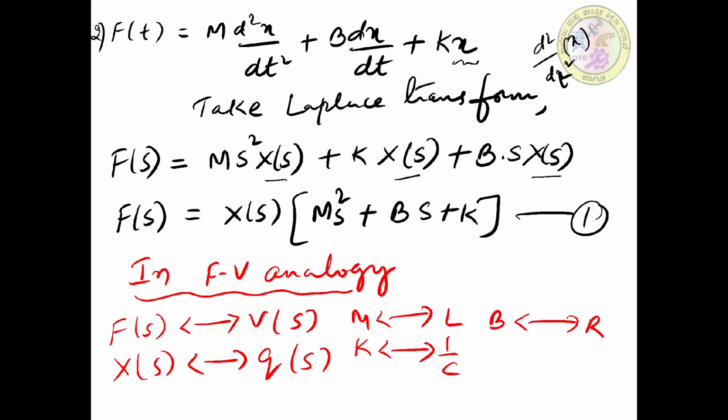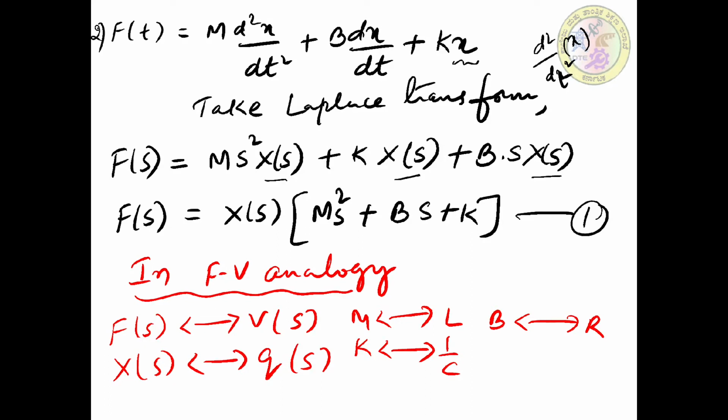So now we have V of s, because now I am converting that F of s equation into an electrical circuit equation. So V of s will be equal to Q of s into, from the previous equation, mass into s square.